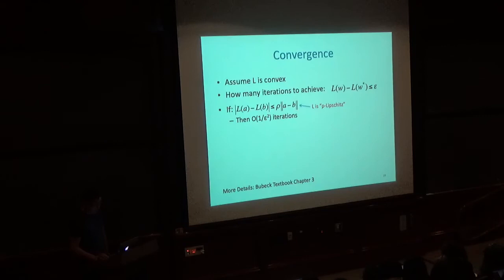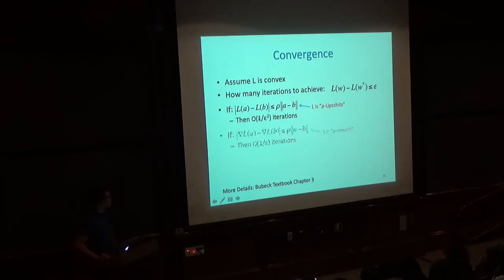If you can bound what's called the Lipschitz property of the function, which basically limits how big the gradients can be, then the convergence is 1 over epsilon squared. So if we want to get more and more accurate, we need quadratically more iterations of gradient descent to converge to the solution.